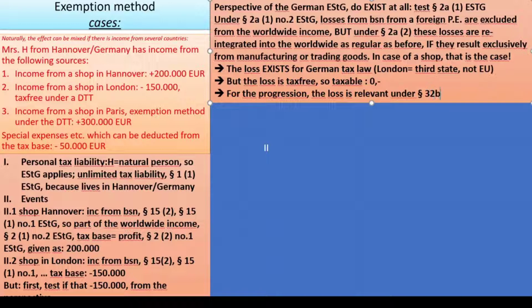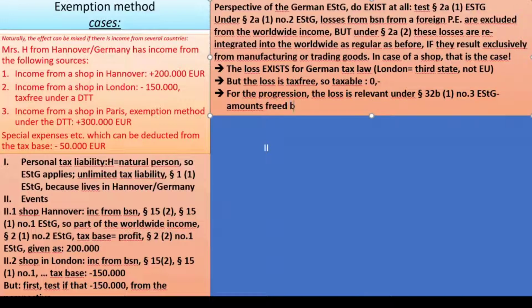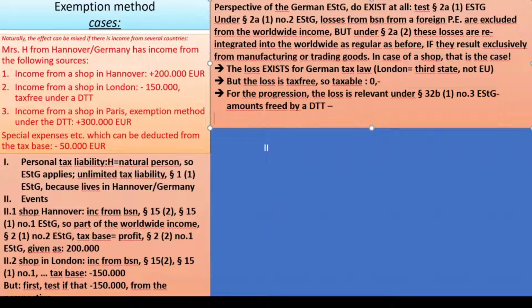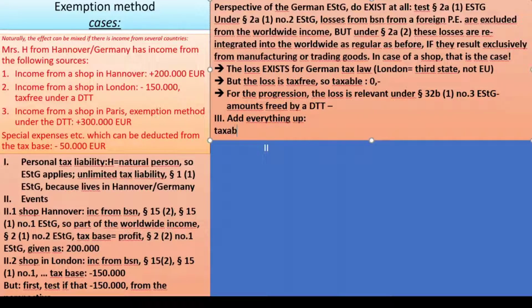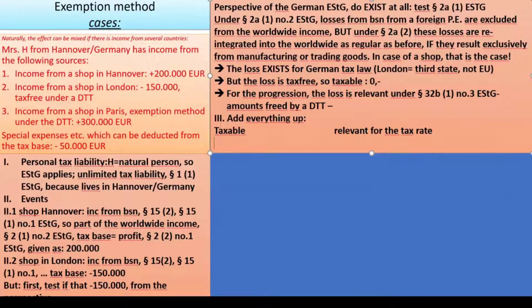Under paragraph 32b 1 number 3 ESTG, amounts freed by a double taxation treaty are relevant. So that was everything we had. So we add everything up, taxable and relevant for the tax rate. So for the progression, taxable is plus 200,000, so it's relevant too.